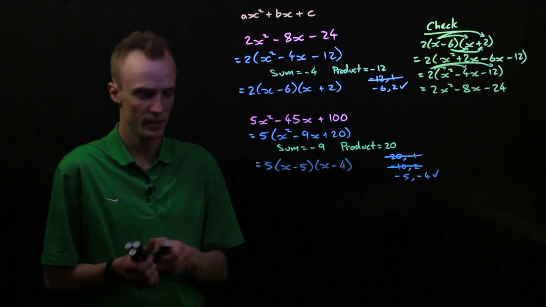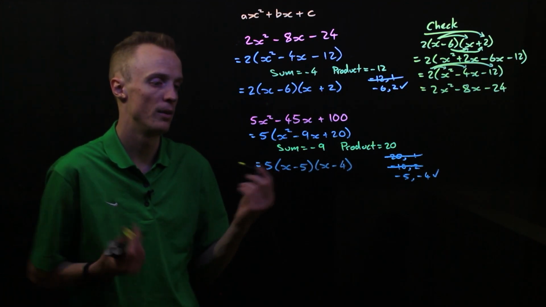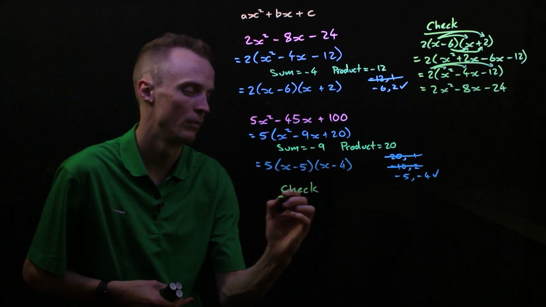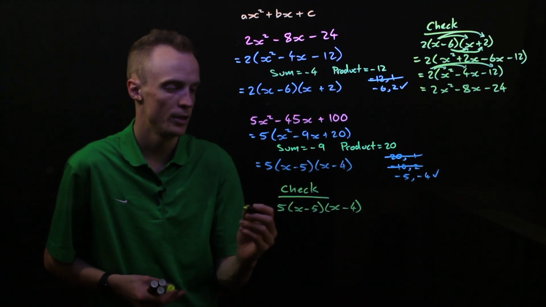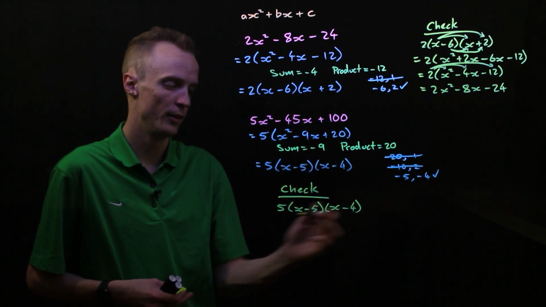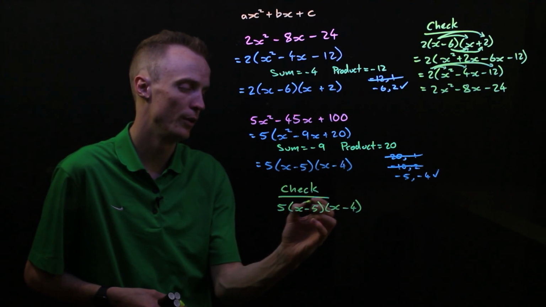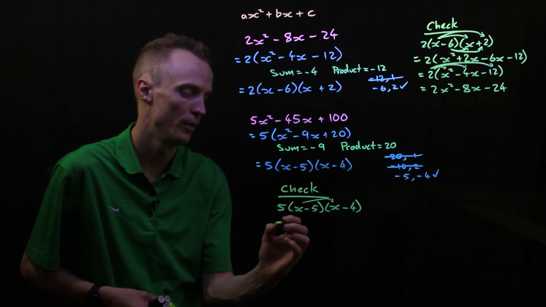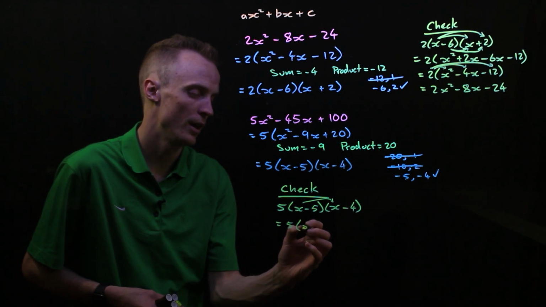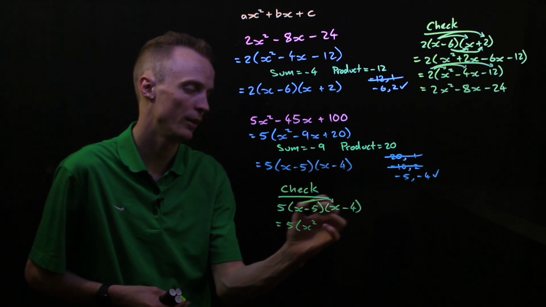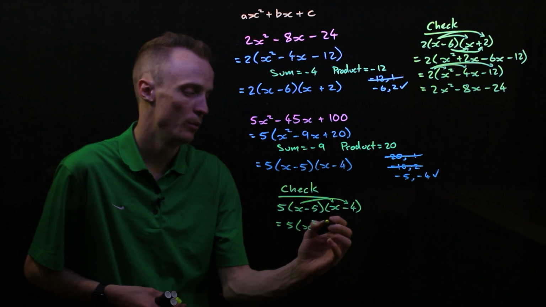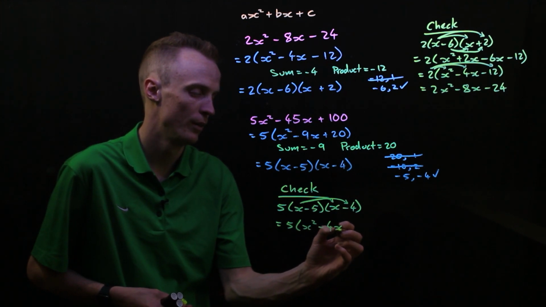But let's just check this to make sure that we've got it correct by just expanding it back out. So when I multiply this out, let's multiply the two brackets together first. So using FOIL, so x times x will be x squared. X times negative 4 will be subtract 4x.